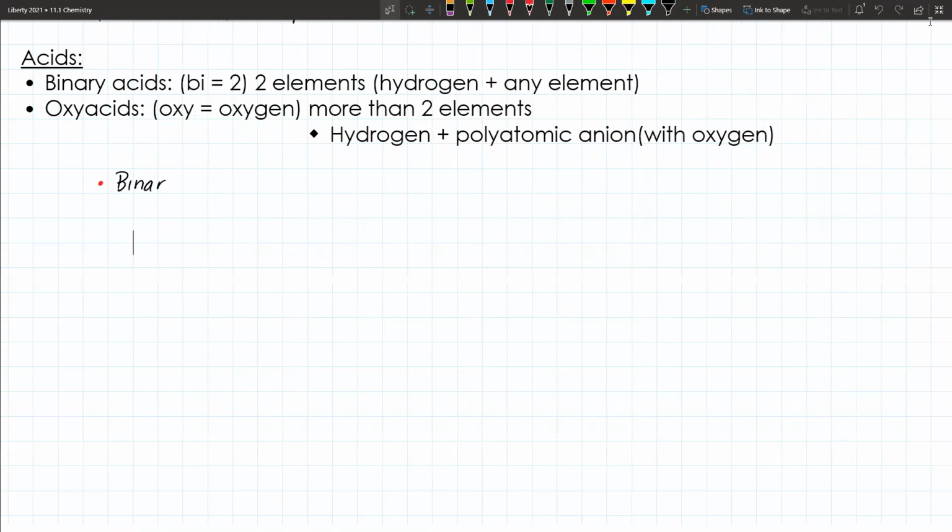In the case of binary acids, the instruction is: you write the prefix hydro, plus the root of the second element, plus the suffix -ic, plus the word acid. Example.